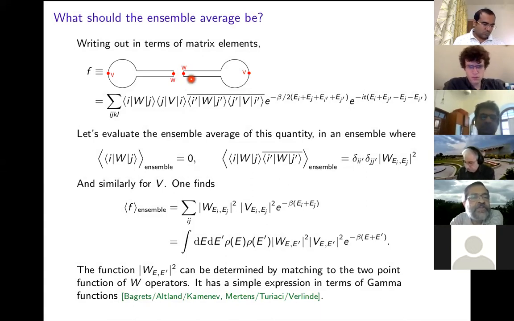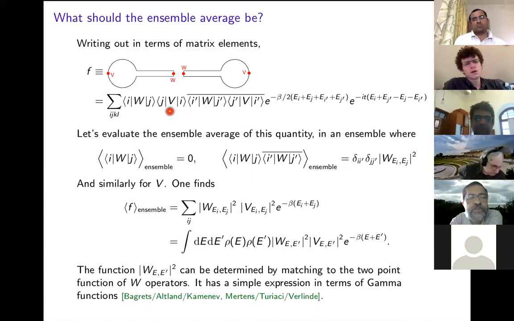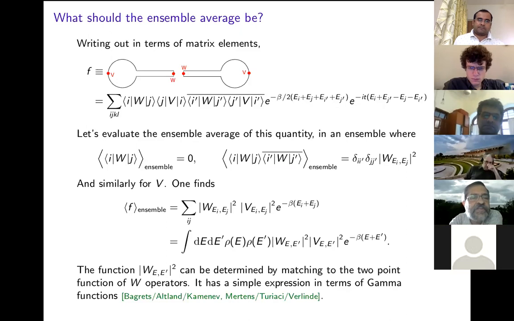And you say the ensemble average of W_ij is 0, and the ensemble average of W_ij W_i'j' is some thing. So can you perhaps replace these ensemble averages by something saying that they are like random variables, as you do for ETH?